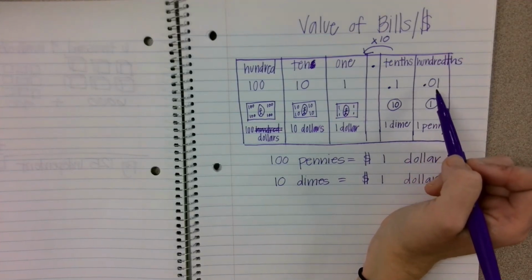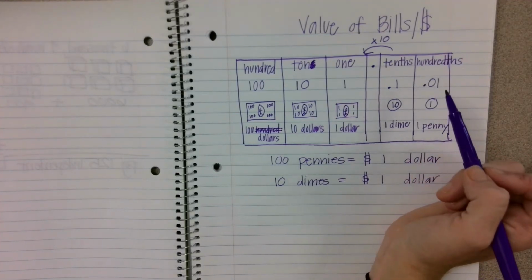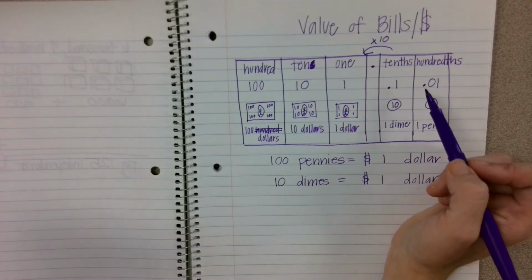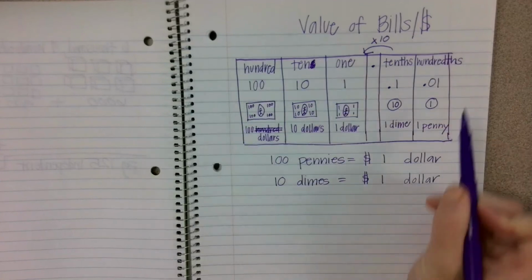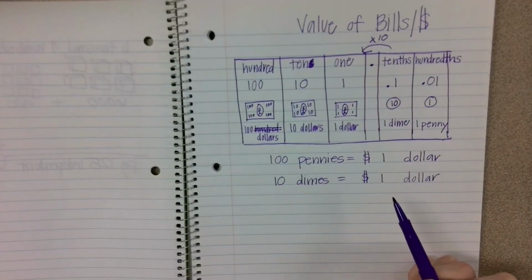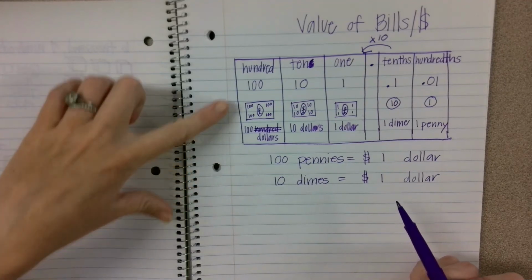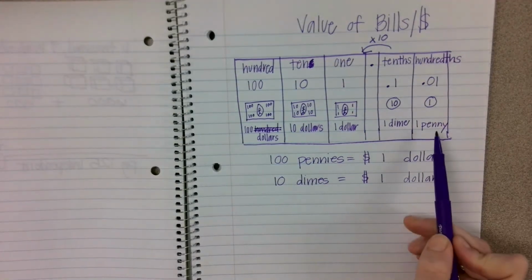Now I'm sure some of you are thinking, what about quarters? What about nickels? We are going to use quarters and nickels for problem solving, but not for our place value chart because they don't go in our place value chart. You're going to see us reference money for the rest of the year, and pennies and dimes.